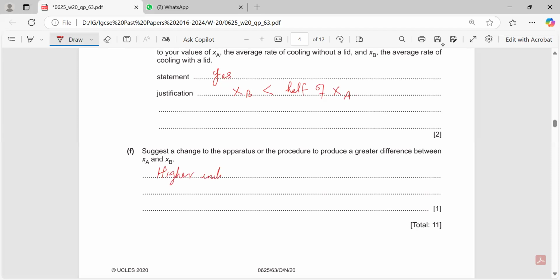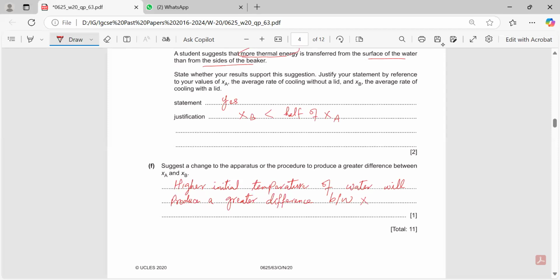Higher initial temperature of water will produce a greater difference between what?